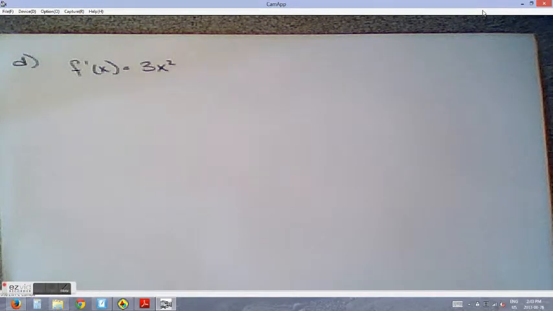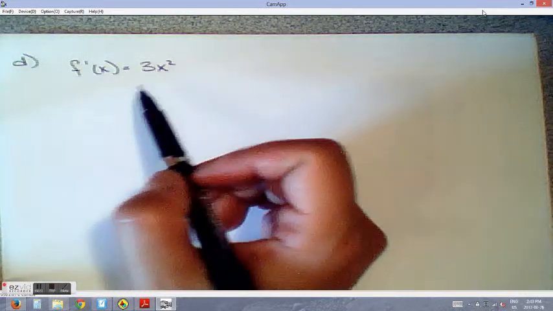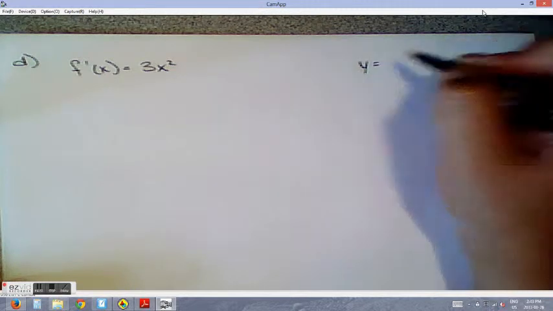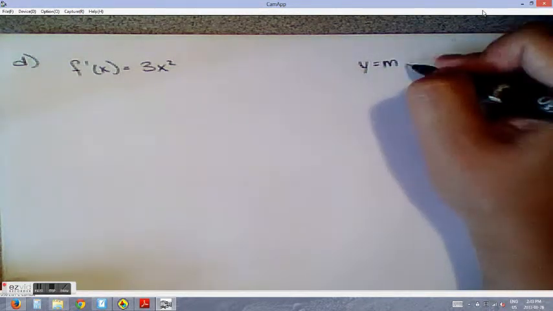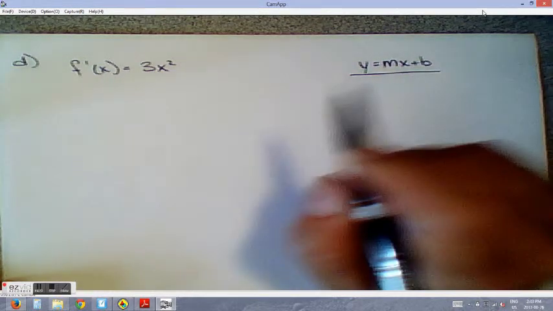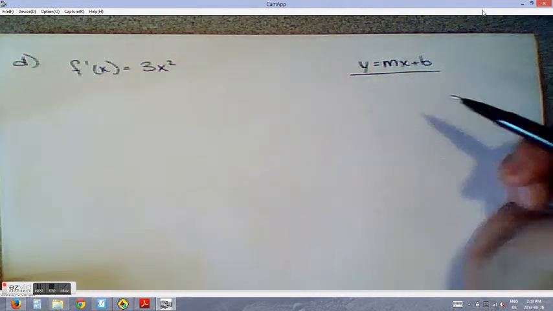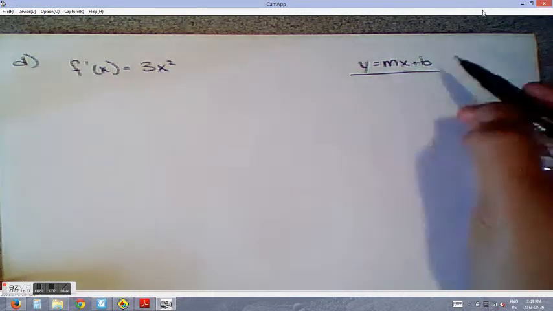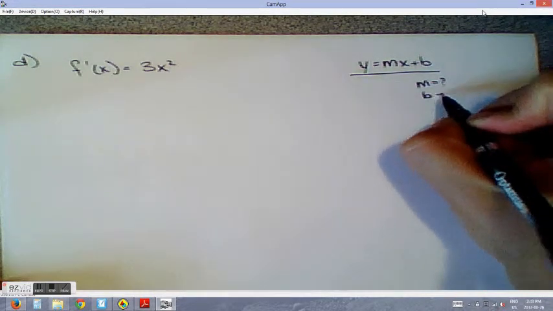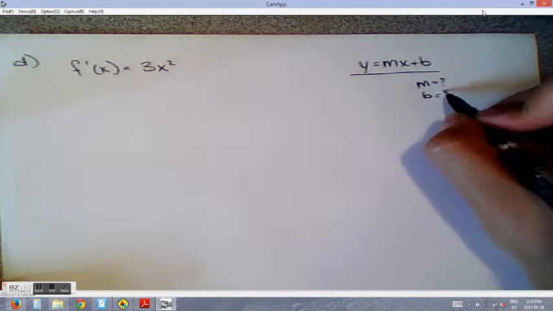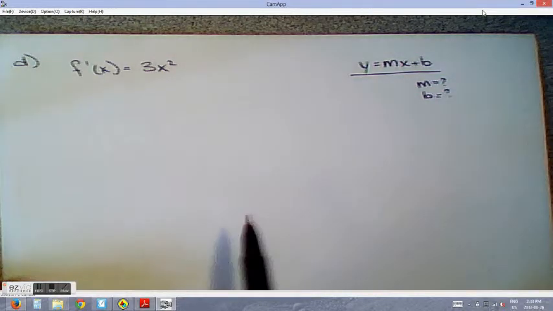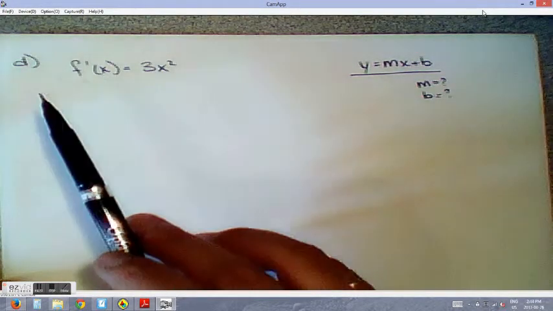If we're looking for an equation of a straight line in slope-intercept form, remember y equals mx plus b, an equation you know and love by now. When we're trying to find this equation, we always look for two things: the slope and the b, which is the intercept. I want you to get good at these types of questions because you will see them again.